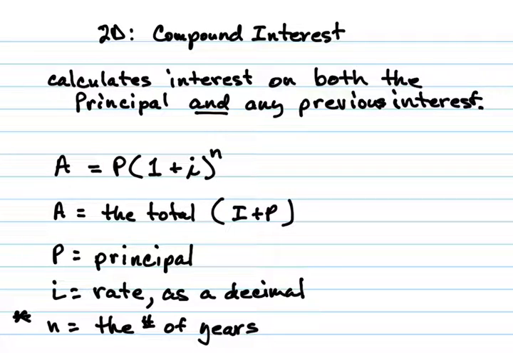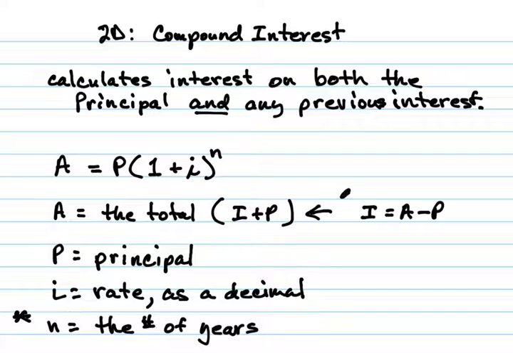Now, sometimes you're going to be asked to find the amount of interest, and if you just remember that the total amount is the interest plus the principal, then all you have to do is find the difference. So the amount of interest is the total amount of the loan minus the principal.